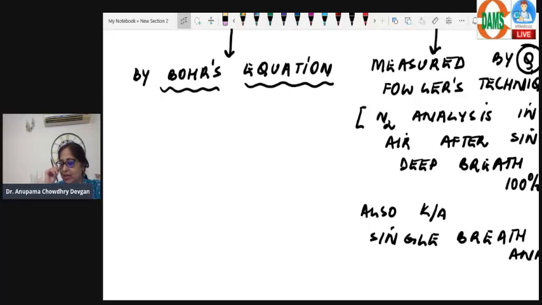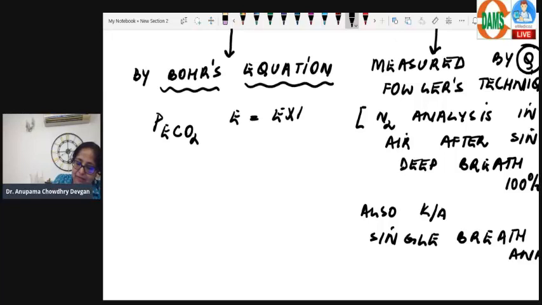Bohr's equation. For Bohr's equation, I need three things. First, the partial pressure of CO2 in the expired air. E is expired air, right?